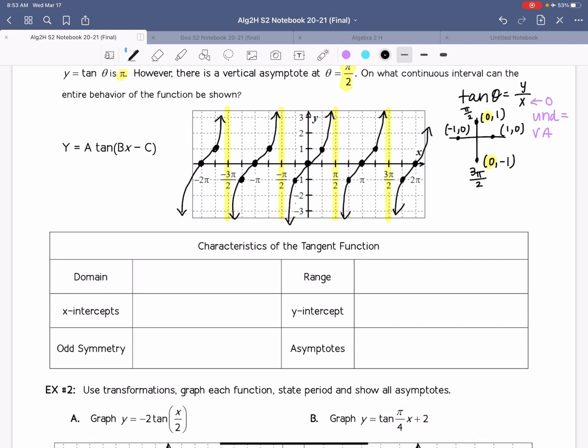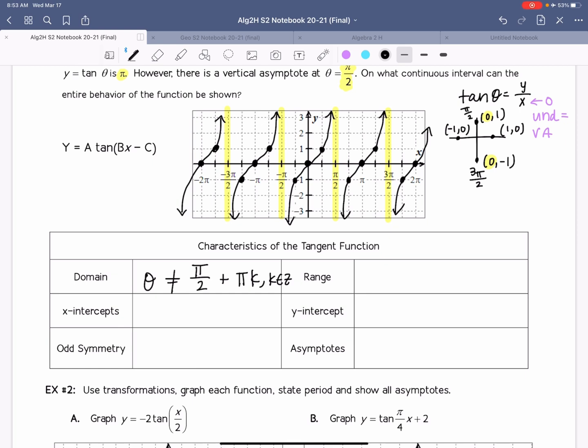So the way we write this is we would say theta cannot equal pi over 2 plus pi k. And k is just an integer. So k is an element of the integers. That's saying if I plug in 0 for k, it would just be pi over 2, so I have a vertical asymptote.